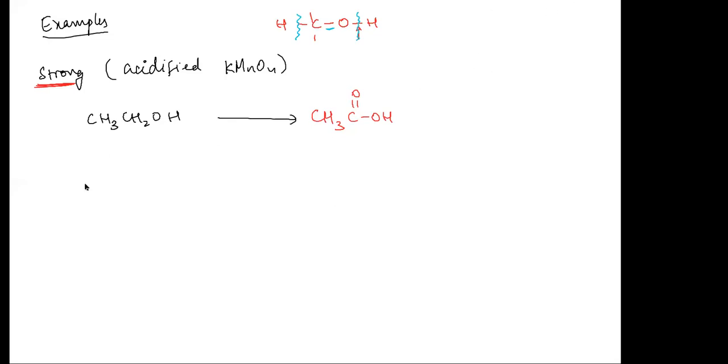And if you have a secondary alcohol, like let's say you have CH3CHOHCH3 in the presence of PCC or CrO3, the product will be the same. So what will be the product in this case?